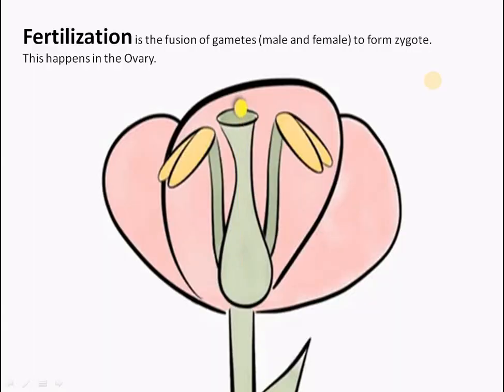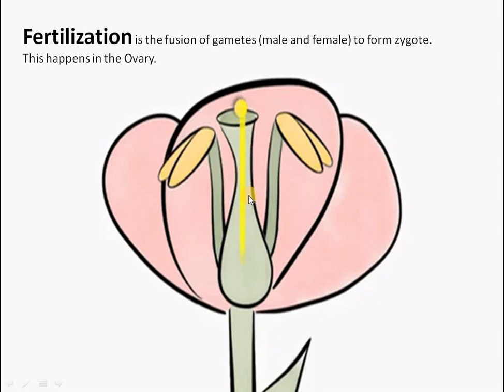What is fertilization? It is the fusion of the male and female gametes to form a zygote. This happens in the ovary. Like you can see in the video, the pollen grain has landed on the stigma. The pollen tube will be formed. You will learn about it in detail. Once the pollen grain falls on the stigma, a tube-like structure called the pollen tube is generated.